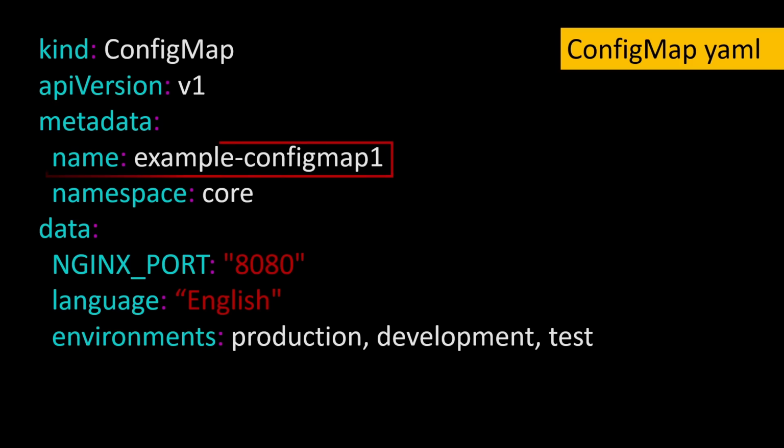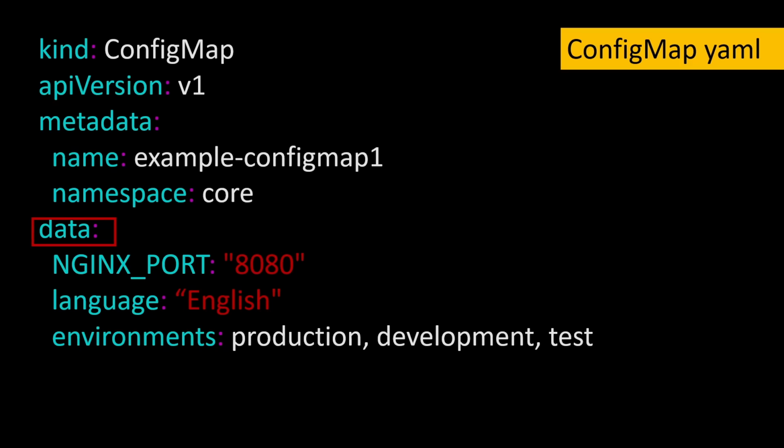Under the metadata section, we have defined the name of this config map so that we can identify it. After that, we have added namespace equal to core. It means that this config map will be created inside the core namespace. Please bear in mind that config map is a namespaced object. Further, we will notice the data section.